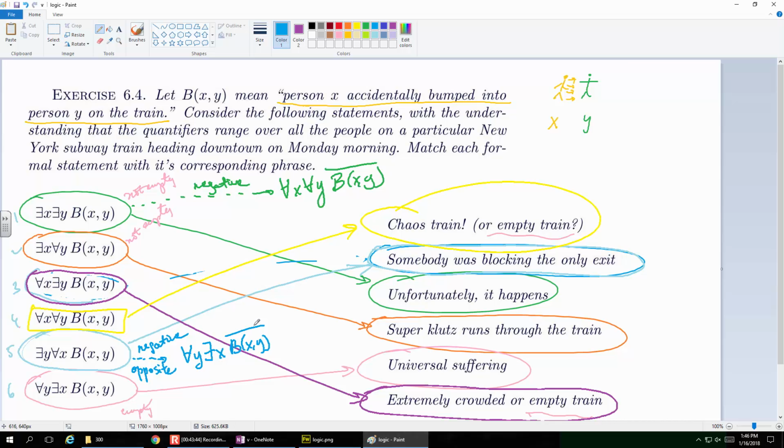For any y, there is an x, and then negative. So for every person on the train, there is at least one other person on the train who didn't bump into him. Okay, so that is the negative of somebody was blocking the only exit. So nobody was blocking the exit, and at least somebody was not bumped into.